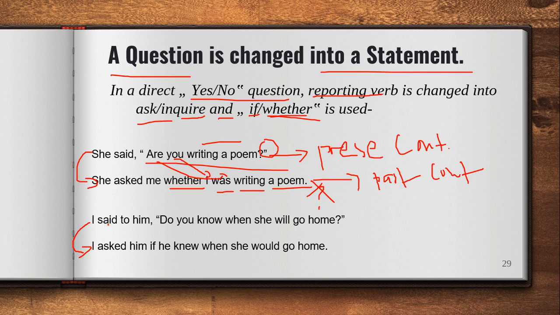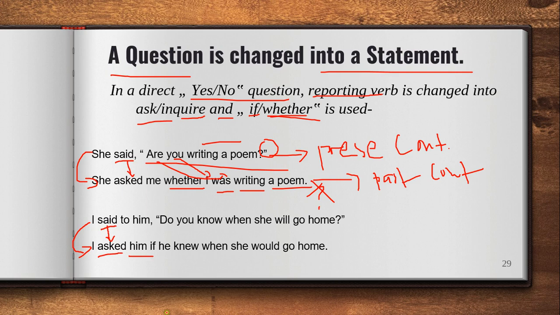So here, said changes to asked. I asked him if he knew when she would go home.